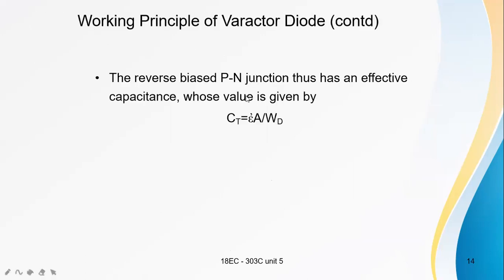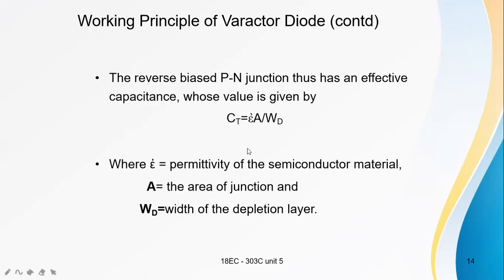The reverse biased PN junction diode thus has an effective capacitance. The effective capacitance of this diode, CT, is equal to epsilon A divided by WD. That means epsilon into area of the junction divided by width of the depletion layer.